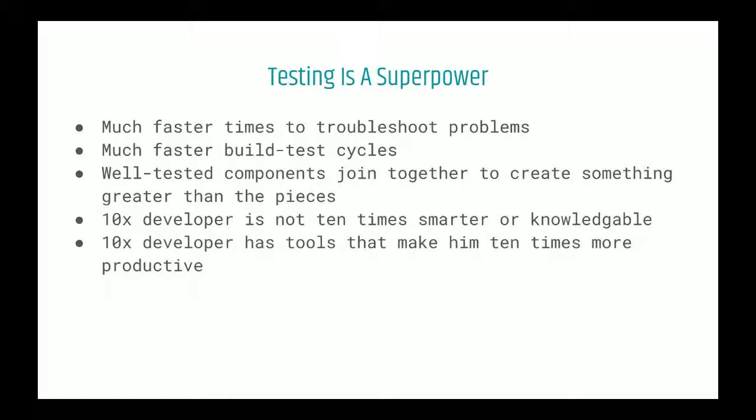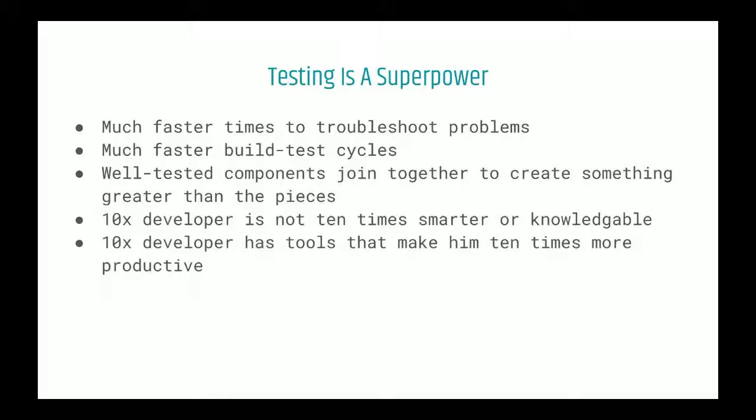And that brings us to our last point, which is that people talk about 10x developers or 10x development, and it's not because you have people out there that are 10 times smarter or 10 times more knowledgeable. Instead, if you leverage tools effectively, you can do things in a 10 times more productive way and in a way that has more quality.